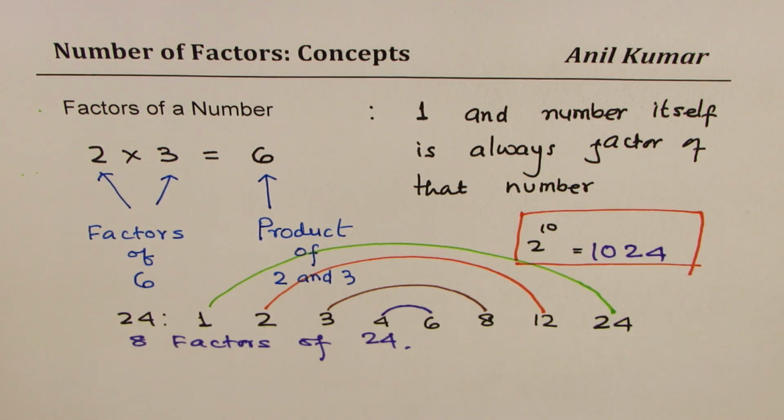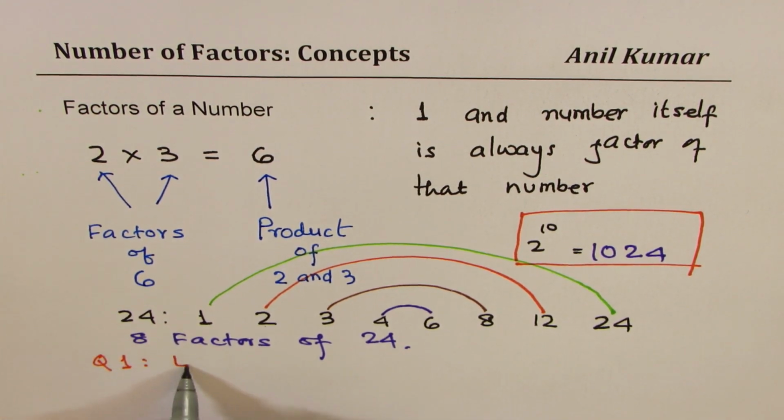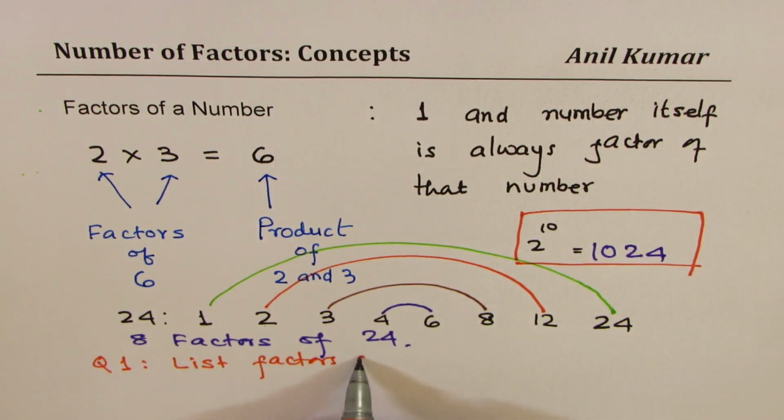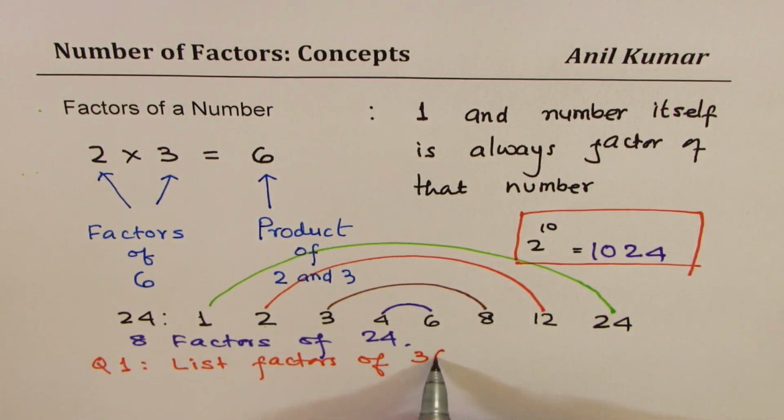Okay. Now, I hope the concept of factors is clear. We'll now move on to the next concept. Or as a practice, what you can do here is have a question. So we'll just use this exercise also. Question 1, list the factors of, let's say, 36. Okay.